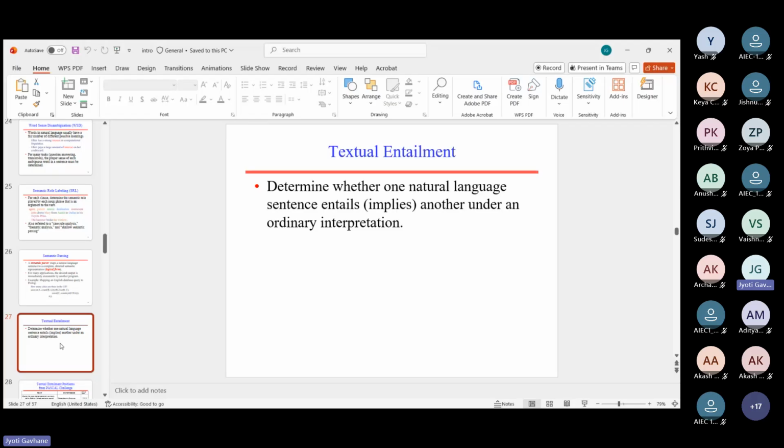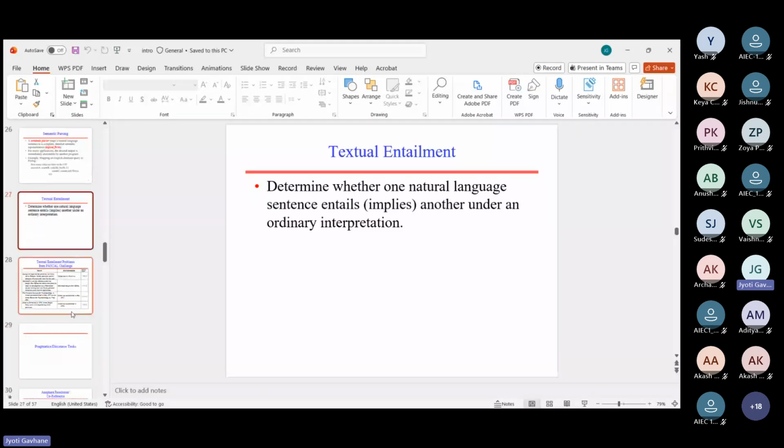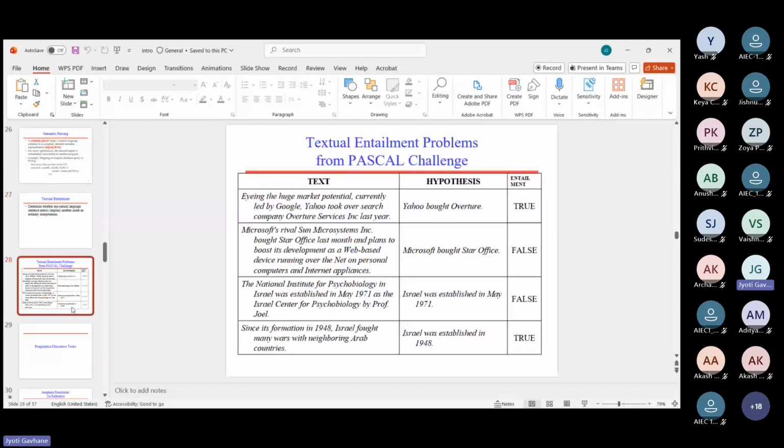You just need to check whether one statement is connected with the other statement or the statement has been finished. If it has been finished, you have to stop interpreting the meaning of that statement. Now the examples are given with Pascal. Just go through that. I'll be giving you 5 minutes.